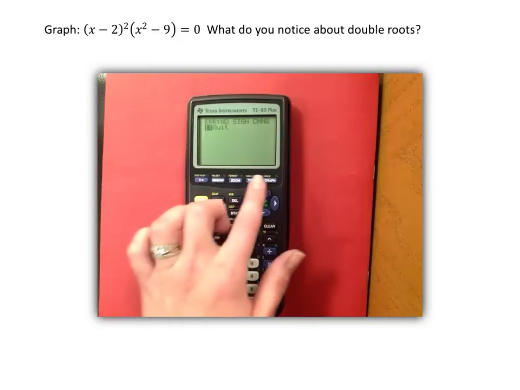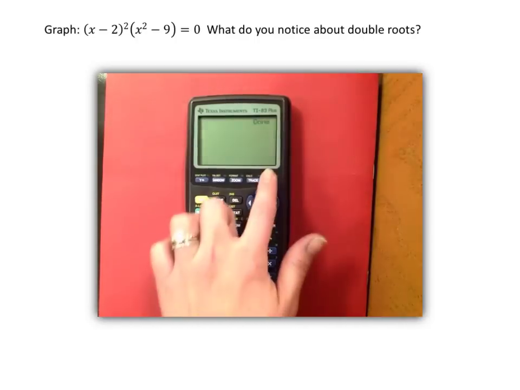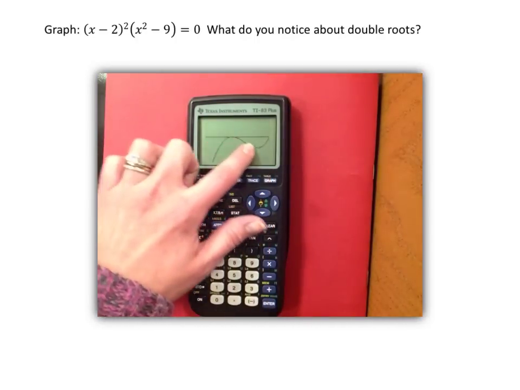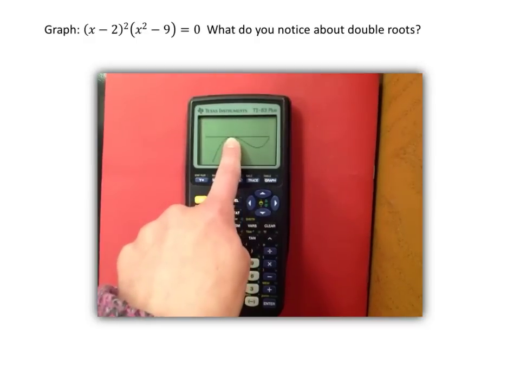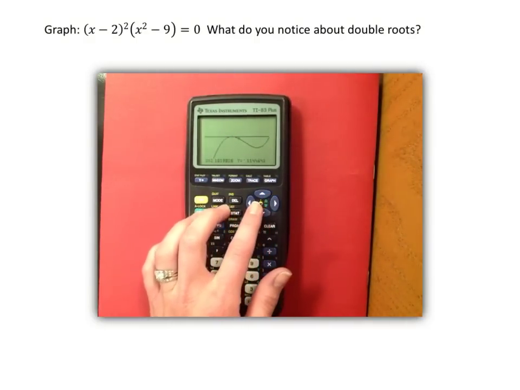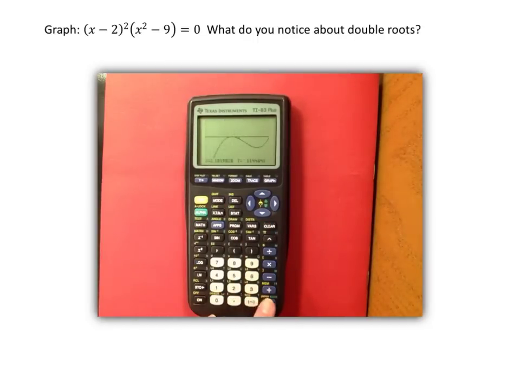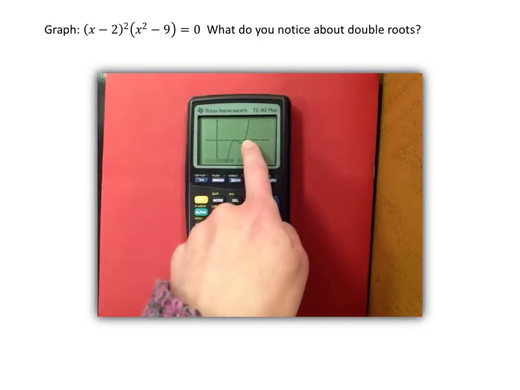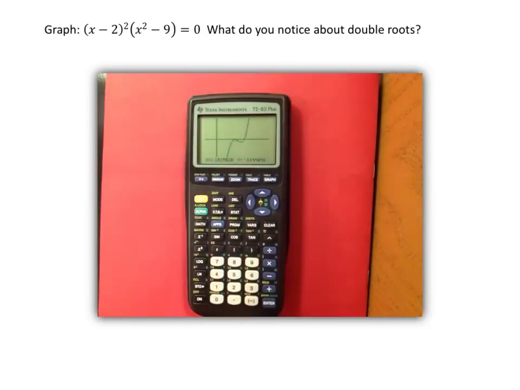Okay, so that's actually a glitch in the graph. But what I want you to notice is that at this double root, it just touches the x-axis. Whereas if you looked at the root at 3, let me zoom out just a little bit. The root at 3 actually crosses the x-axis. A double root just bounces.